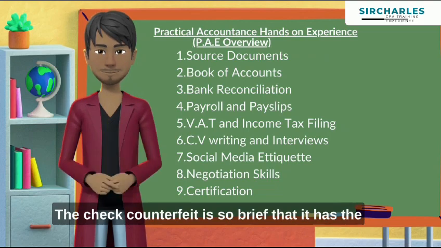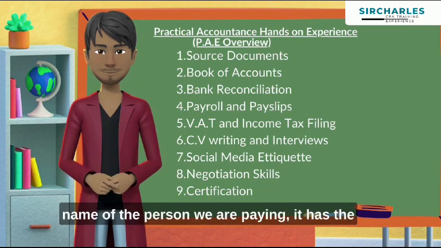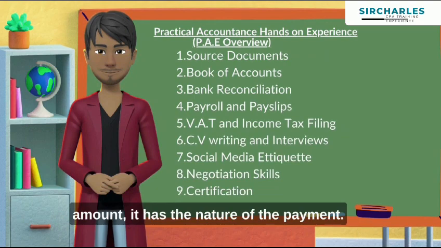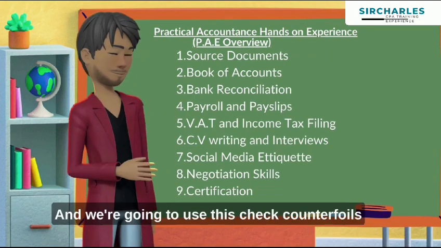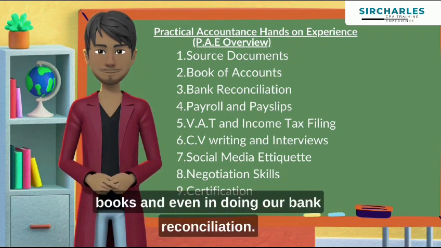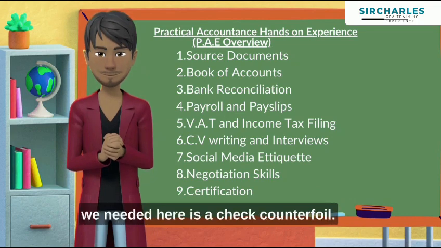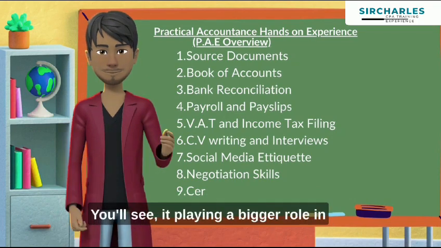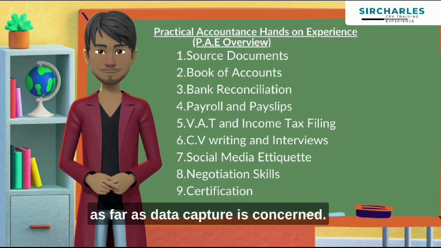The check counterfoil is brief: it has the name of the person we are paying, the amount, and the nature of the payment. We're going to use this check counterfoil a great deal in preparation of our cash books and even in doing our bank reconciliation. You will see it playing a bigger role as far as data capture is concerned.